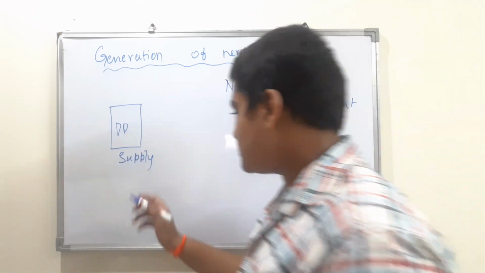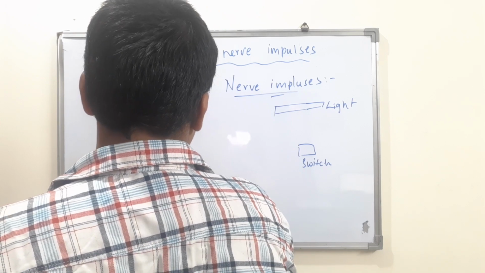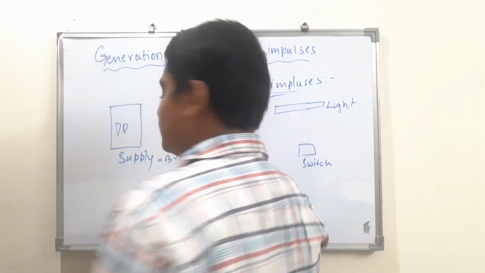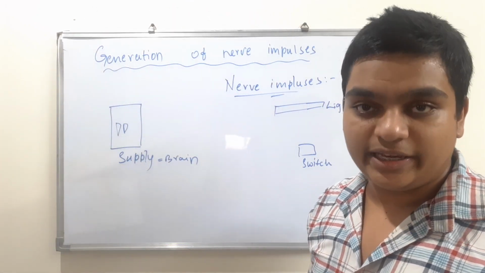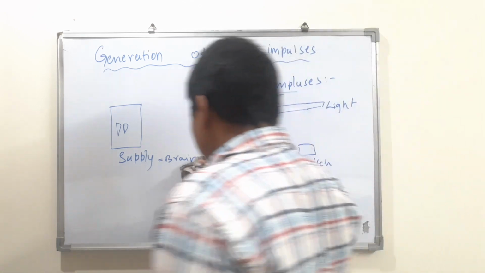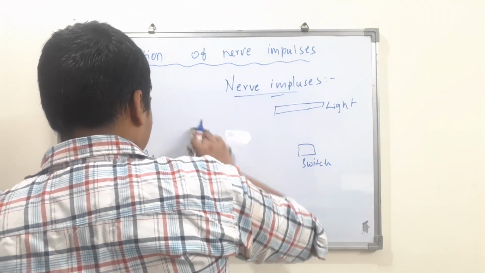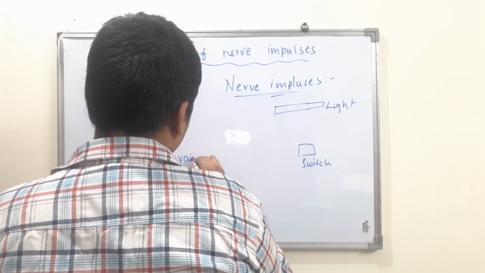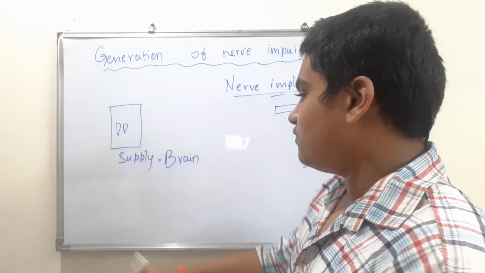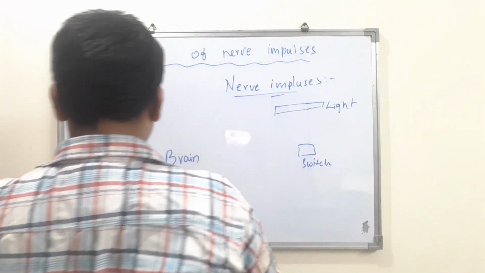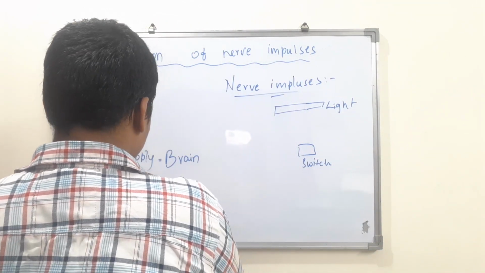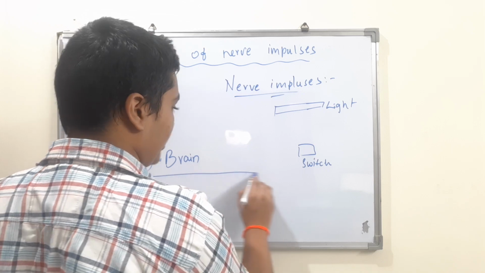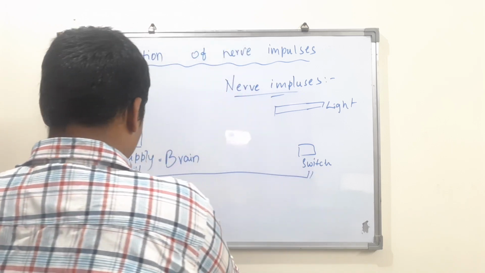Let us consider the supply as the brain. Supply is our brain. If you are not satisfied with the handwriting, it says brain. From the supply we know that electrical wires go to the switch.